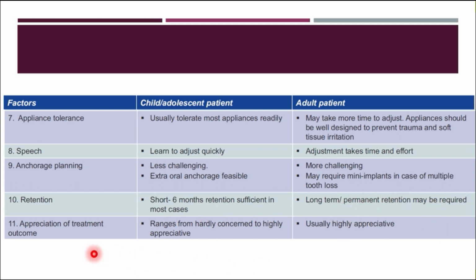Appreciation of treatment outcome: adult patients will appreciate the treatment outcome. They will thank you for the result you have brought about, whereas child patients cannot appreciate what changes they have got. So motivating them to maintain oral hygiene and maintaining compliance from the child or adolescent patient is quite difficult.